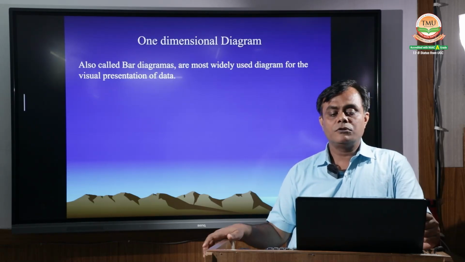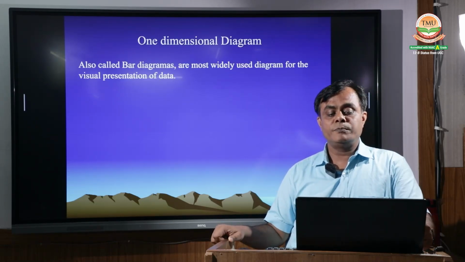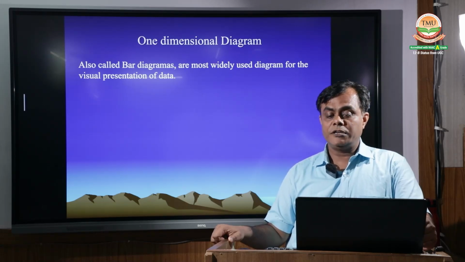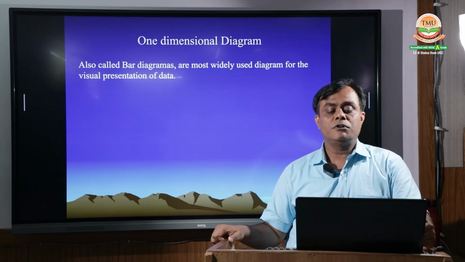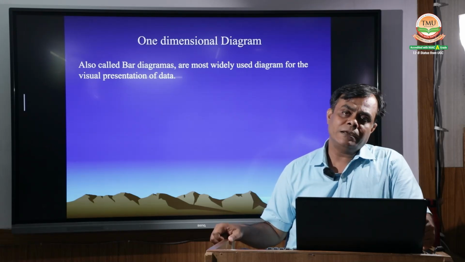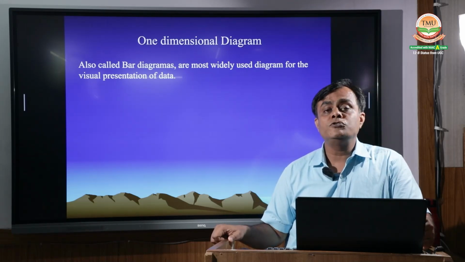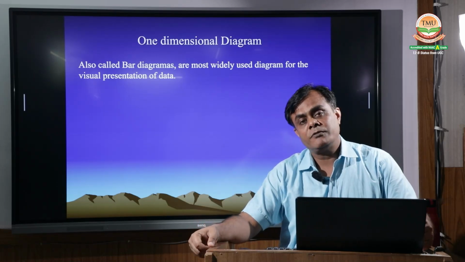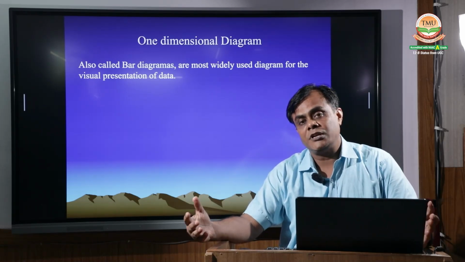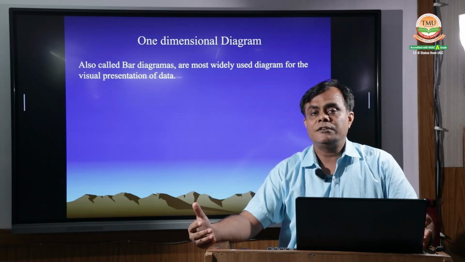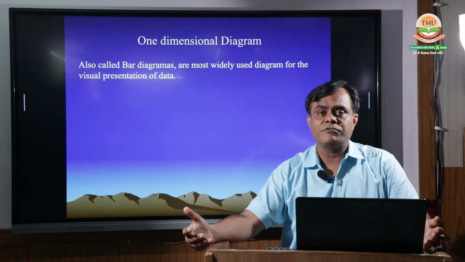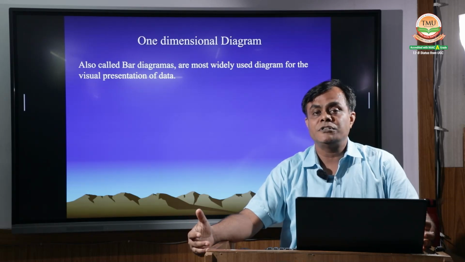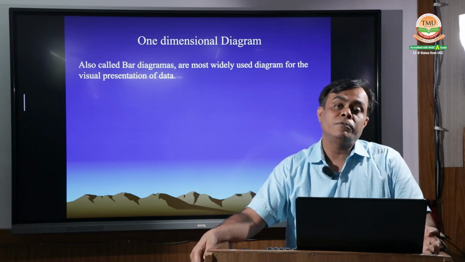So first, let's go with the one-dimensional diagram, meaning simply that the diagram has one dimension, the most widely used diagram for the visual presentation of data. Diagram presentation also visualizes data better than tabular formation. Tabular formation of data also visualizes data, we can say it creates a visualization of the data, but it is far better to visualize data in a diagram presentation as compared to tabular presentation.